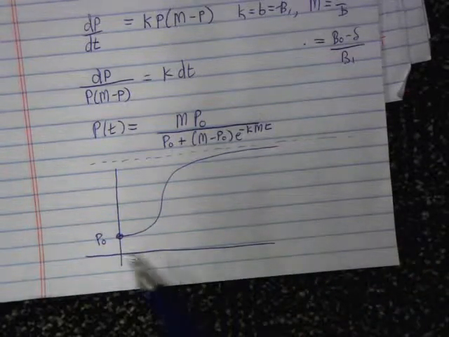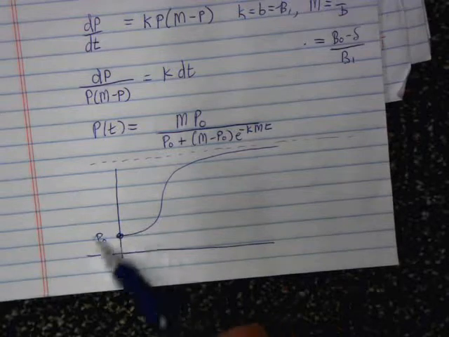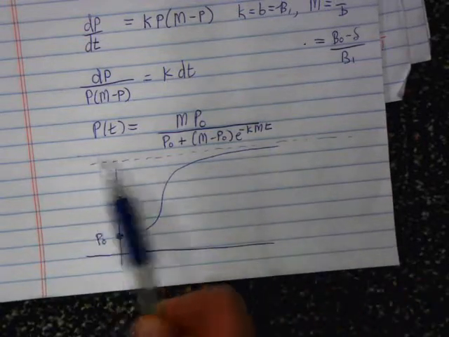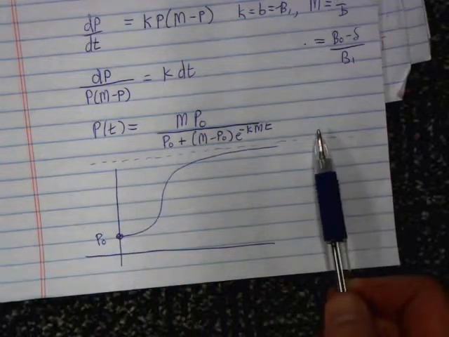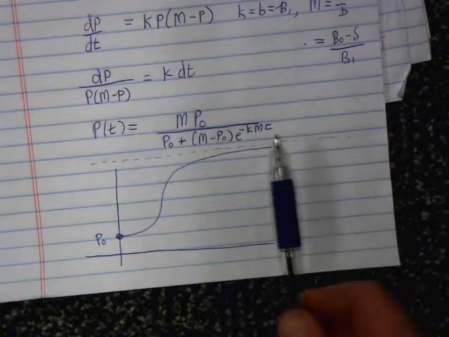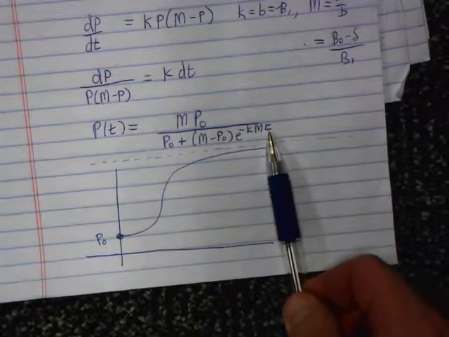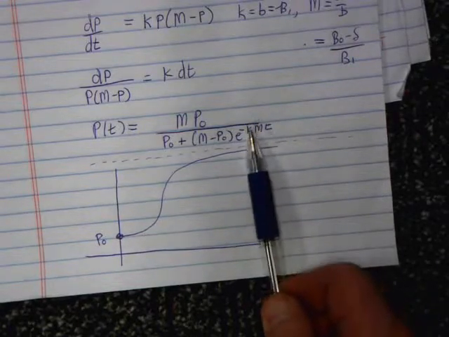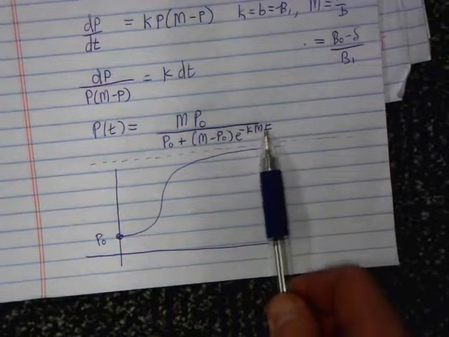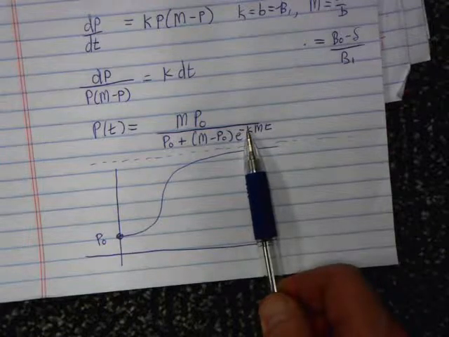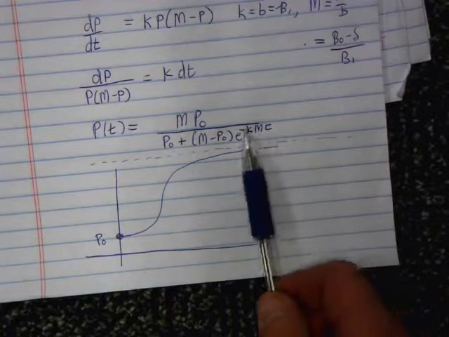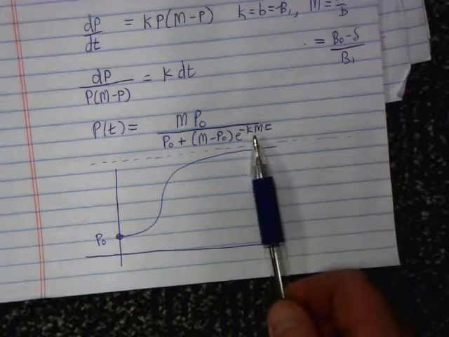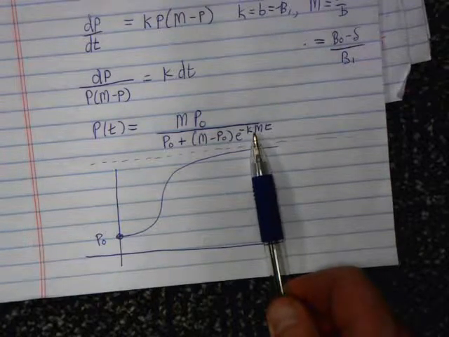All right. So now the question is, if this is the starting population, where's the asymptote? So what's going to happen when t gets to be a very, very big number? When t is a very, very big number, what's e to this power going to be? It's going to be e to the negative infinity, isn't it? Yeah. So when t gets really, really big, what's e to the negative infinity get really, really close to? 0.